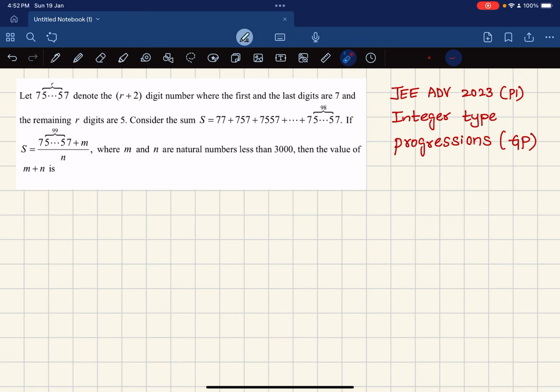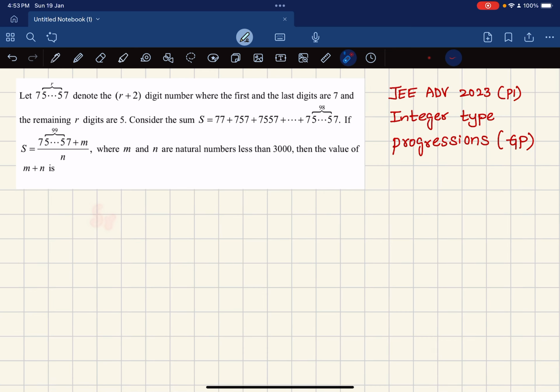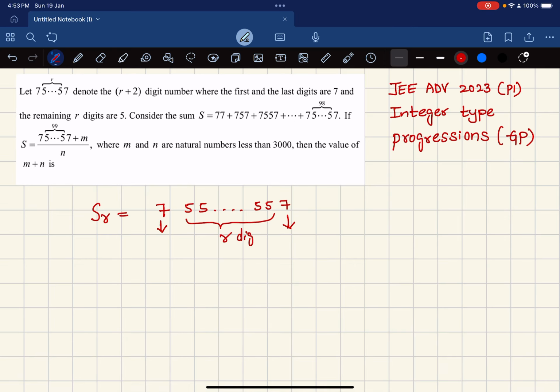So we have a total of r plus 2 digits in this number, and let us denote this number as SR. So there is a number whose first digit is 7 and last digit is 7, and there are r digits in between and all of them are 5s.